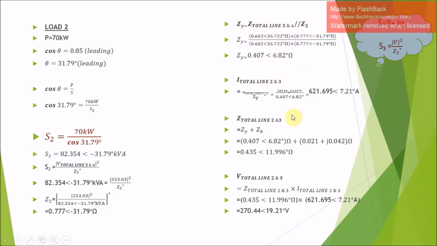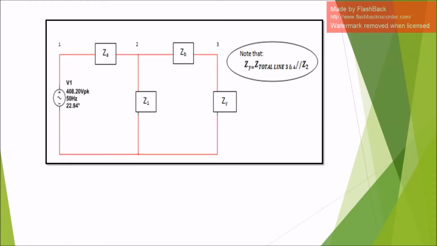And continuing using Ohm's law, we can obtain I total line and voltage total line. So this is the circuit after the impedance of Z total line 3 and 4 is paralleled with Z2 and we obtain ZY. ZY will be in series with ZB.